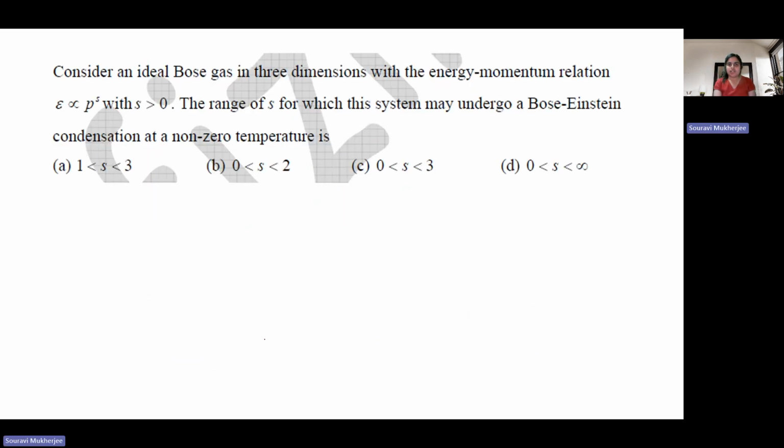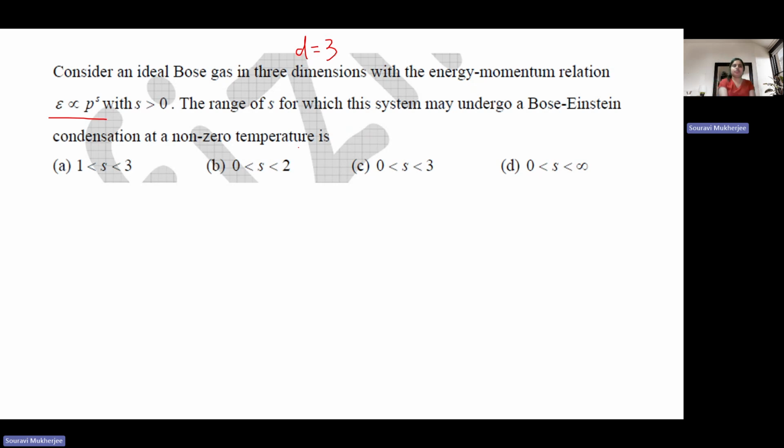Now there's another question which says: consider an ideal Bose gas in 3 dimensions, so D is equal to 3, with the energy-momentum relation given as energy goes as P to the power S. The range of S for which the system may undergo a Bose-Einstein condensation at a non-zero temperature is?